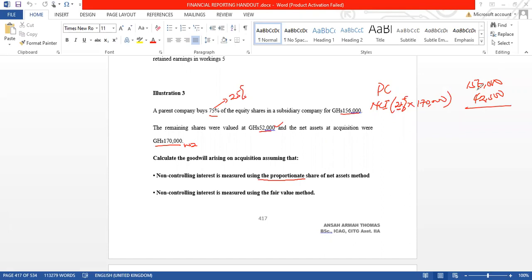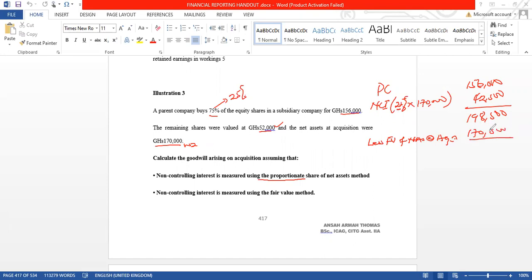What that will end you up with is 198,500. Then you come and less your workings 2, which is the fair value of net assets at acquisition, the 170.